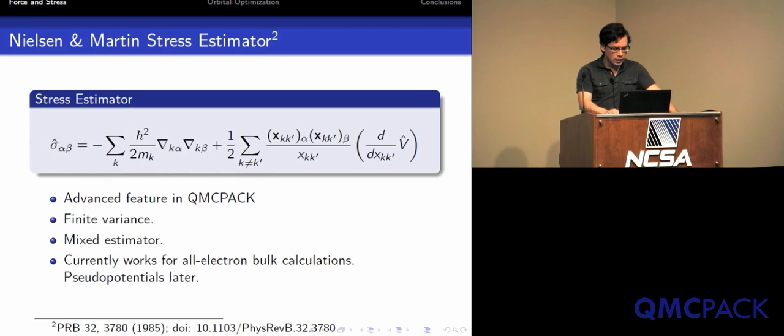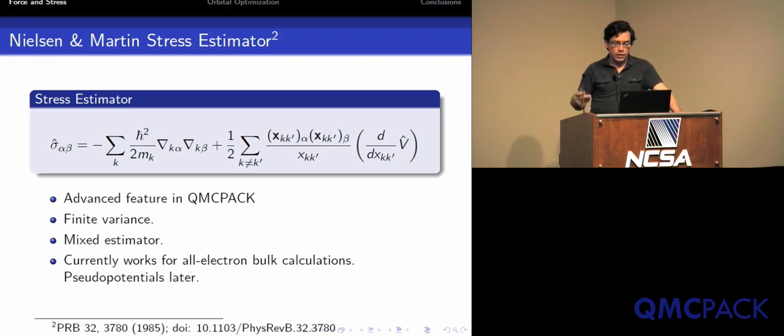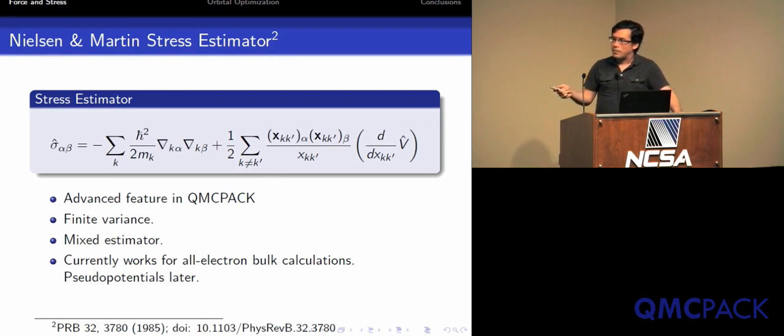So when it comes to stress, basically, by crunching through the Hellmann-Feynman formulation, you can come up with this estimator. It has some nice analytic properties, namely finite variance, which is very nice. We don't have to figure out how to tweak or fix it on a fundamental level.